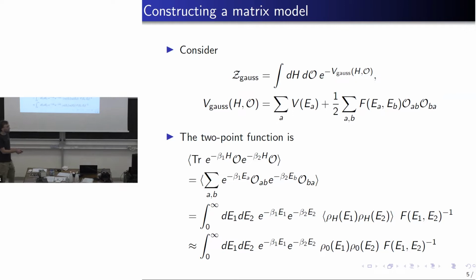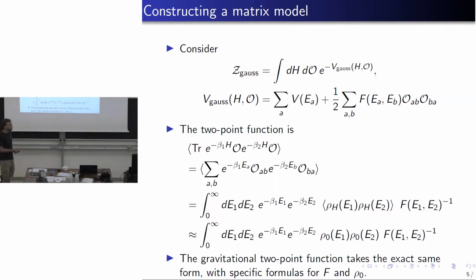But the point is that these densities of states are also subject to the ensemble average. And so in the next line, this is where I make the disk approximation. To leading order in the genus expansion, this will factorize into a product of 2 different densities of states, which I'll call rho naught. And so this is just the computation of the 2-point function.